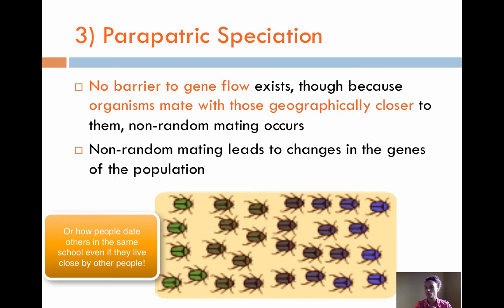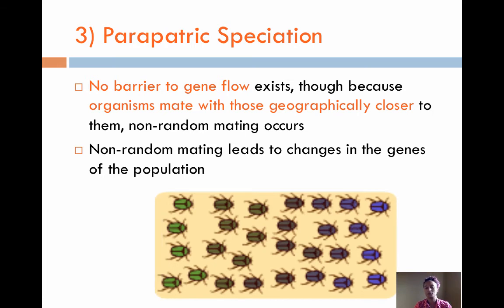So if we have this range in which this organism exists, it's going to be kind of lazy and go for the other organisms that are pretty close to them, their neighbors, rather than organisms that might be a few trees down. So because it's not random, because they're picking things that are physically close to them, then we start to lead to some changes in the genes in the population.